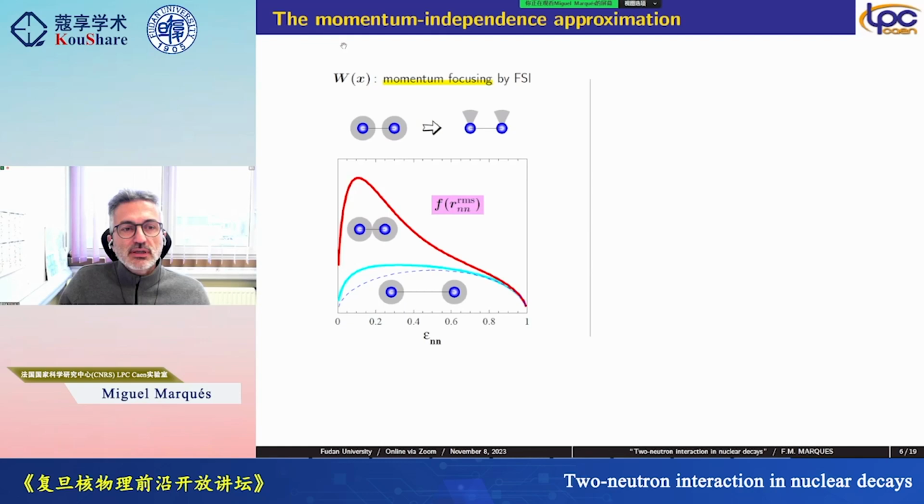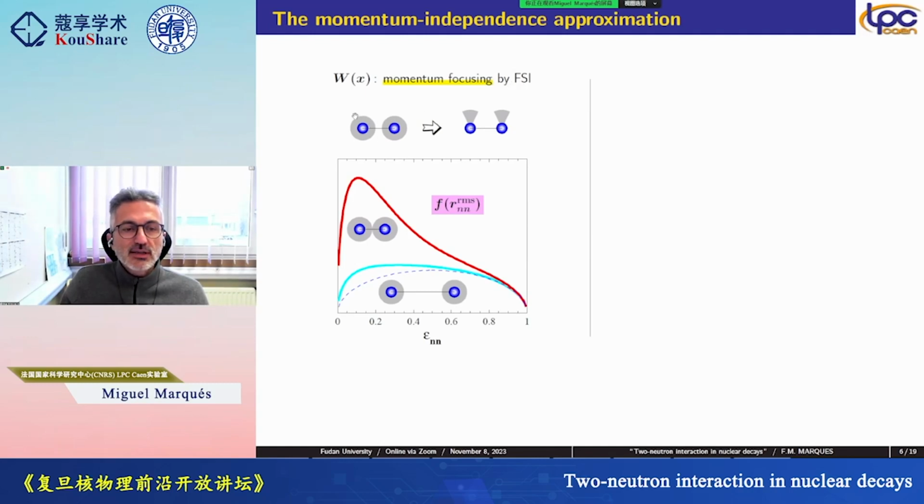And in this model, there are two strong approximations. The first one is momentum independence. So W here represents the source of the neutrons. X is a relative variable. It can be relative momentum, relative energy. And in this model, the source does not depend on momentum. There are no initial correlations. You have independent particles in the source, and the momentum focusing is only made by final state interaction.